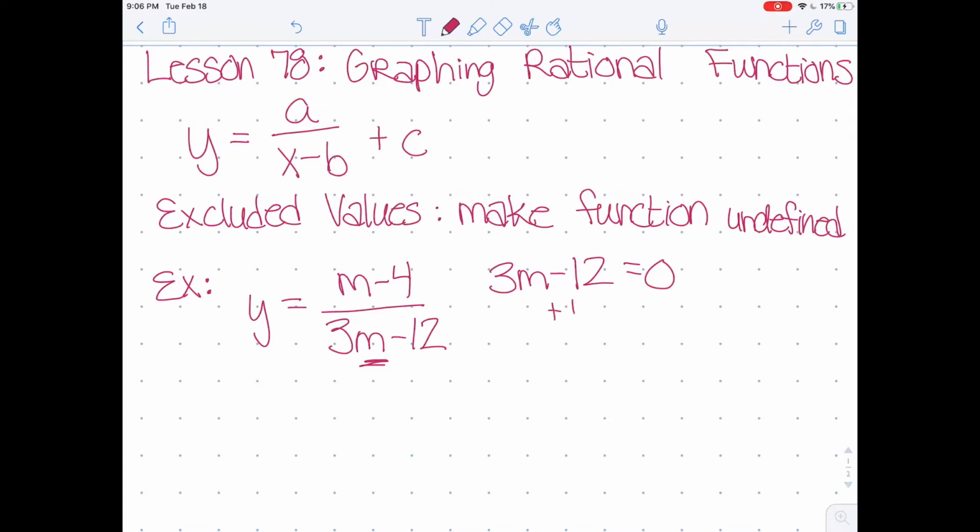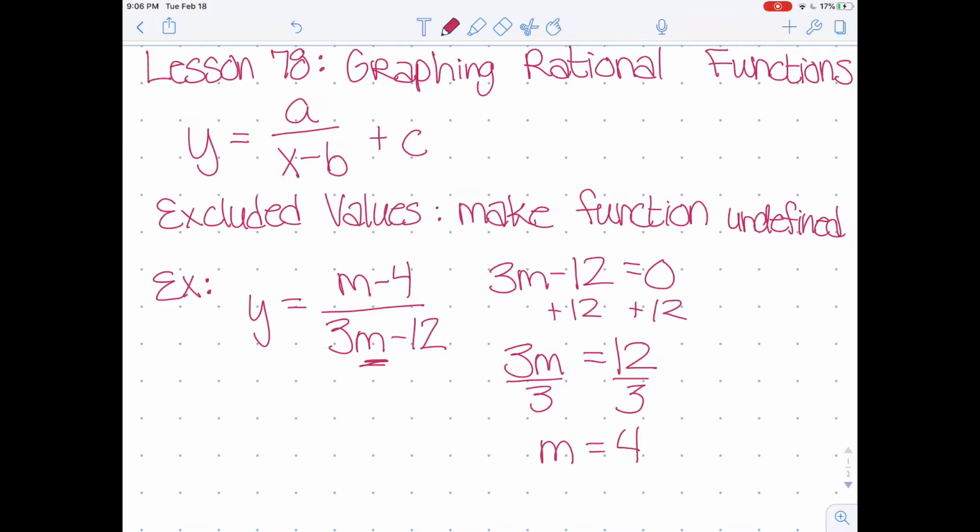So I'm going to add 12 to the other side, because I want to get this m by itself. So I have 3m equals 12, and then I need to divide by 3 to get rid of this 3 over here, and m equals 4. So this function is undefined at m equals 4.